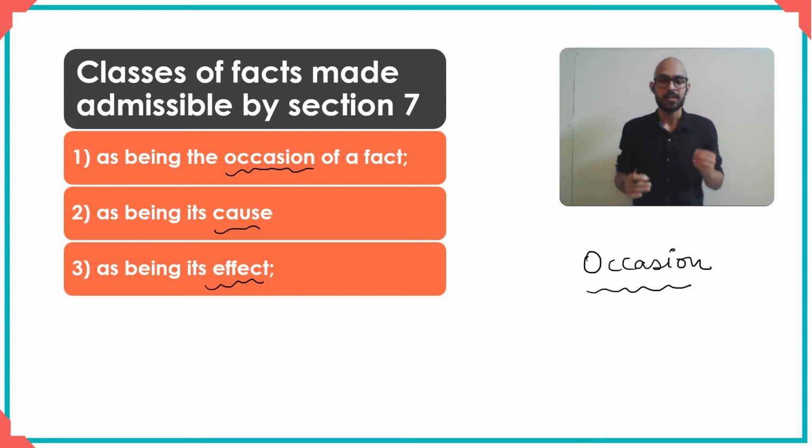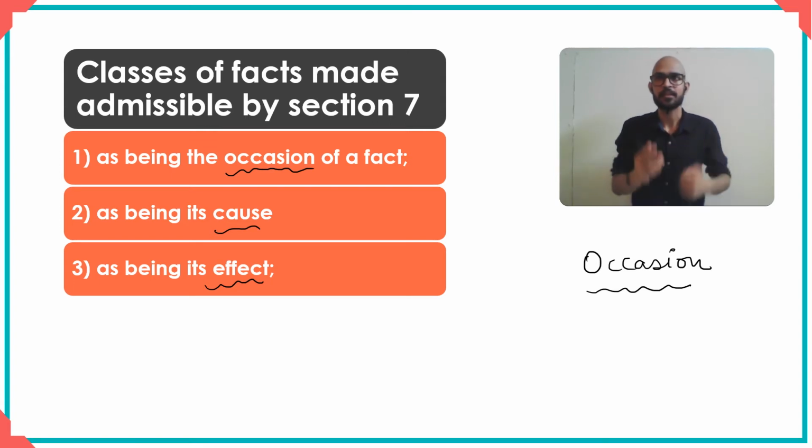If I were to say, what is the cause of your giving me the cake? Well, that becomes very different. You see, cause and effect is a very direct relationship, that if A happens, then B will definitely happen. That's what is called a cause and an effect. However, it's your birthday. You may or may not give a cake, but the fact that you're giving a cake is occasioned by the fact that it is your birthday.